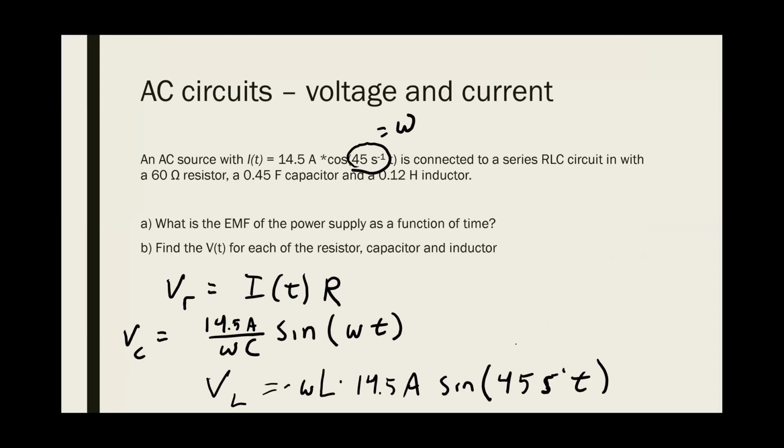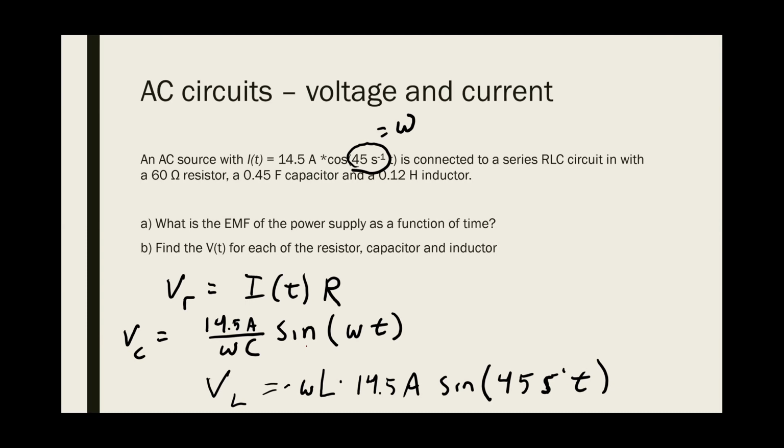When I want to find the voltage function for each element in particular, for the resistor, that's straightforward because I just take the current function as a function of time and multiply it by the resistance. For the inductor and capacitor, I am going to be shifted one way or the other.